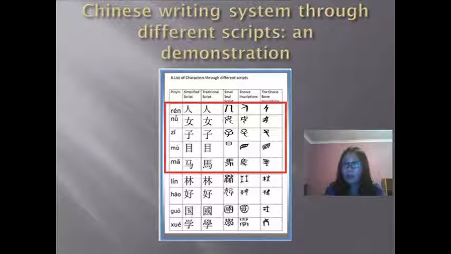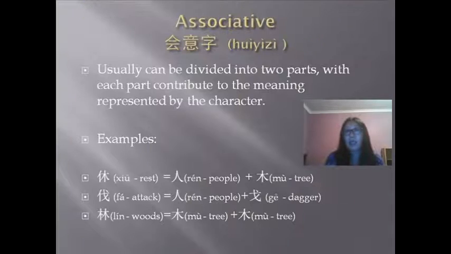And the next category is associatives. So associatives can be divided as a category of Chinese characters that were formed with each part of the character used to represent or contribute to the meaning of the character without any indication of the pronunciation of the character.